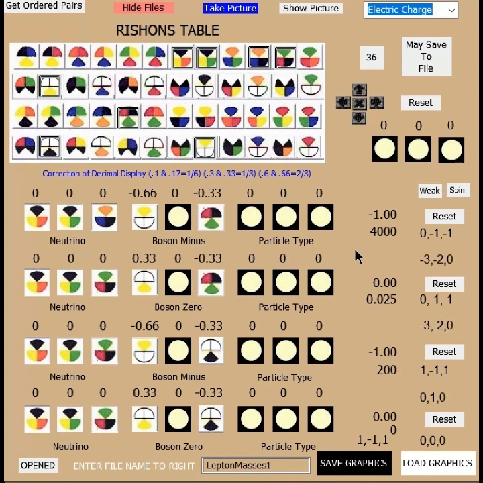And if we look at these two, the 4,000 electron units and the 25,000 electron units, we will find that the mass factor between these will be 160,000 electron units.